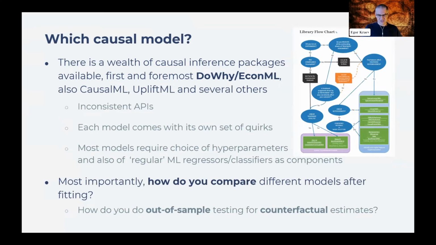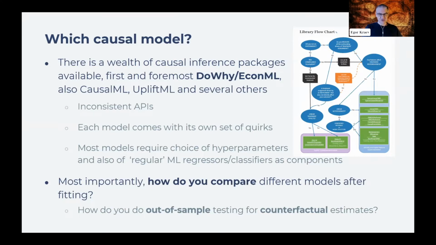And the individual APIs for the models are, well, the polite word I would say is quirky. Plus, each of those models has its own set of hyperparameters to tune, and most of them also require regular machine learning regressors and classifiers as components to be chosen by the user, which is you. And there is absolutely zero guidance, only some vague guidelines as to how to do that. And so this talk is about how to tame this zoo and make it nice to use and simple.